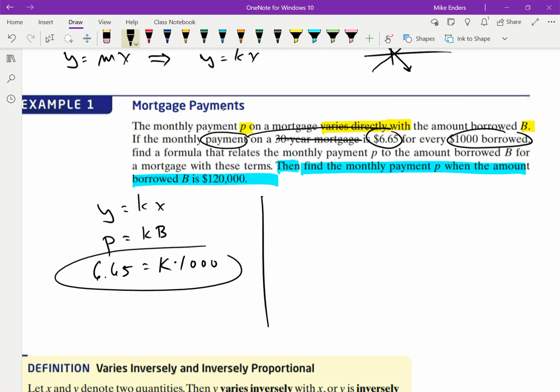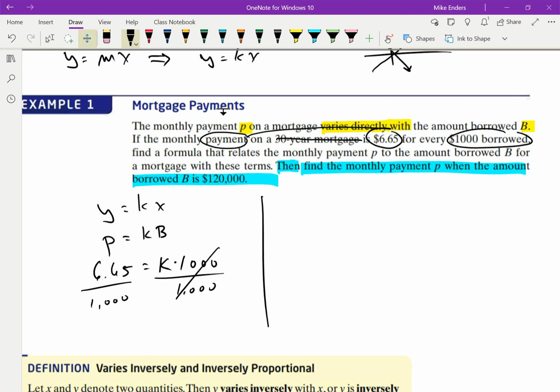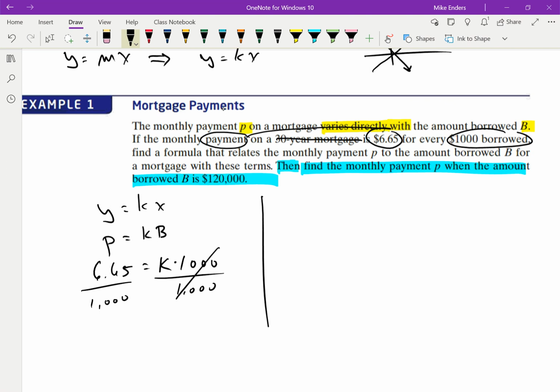If we want to figure out a B value, what we can do is take this equation I've already got circled and solve for k. If we solve this for k, we're going to end up dividing by 1,000. That cancels those thousands out on the right side. So k is going to then equal 0.00665. Okay.